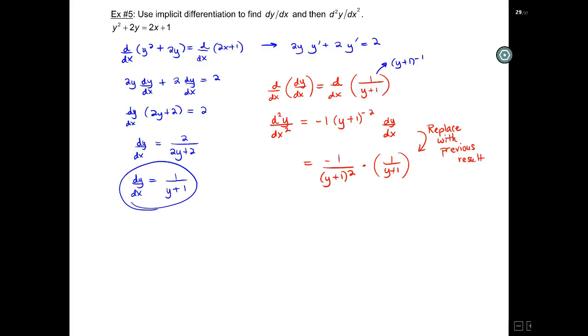You're going to replace the dy/dx with your previous result. We want to use that in order to simplify our second derivative. So our second derivative is negative 1 over y plus 1 to the third. Forgot my negative sign.